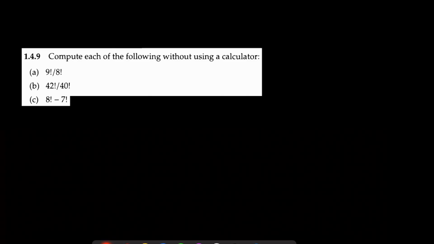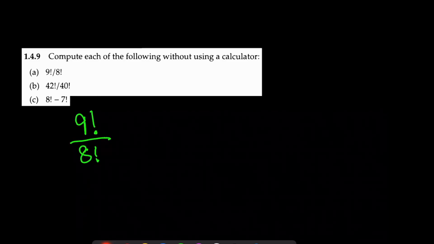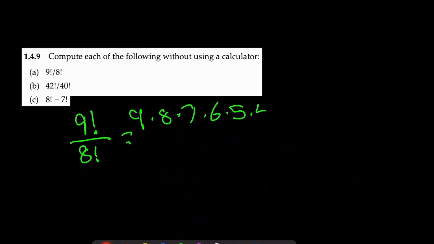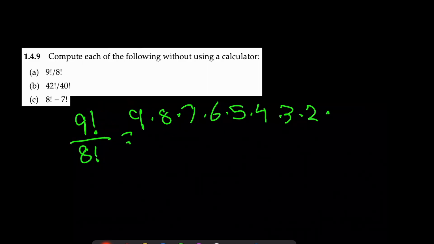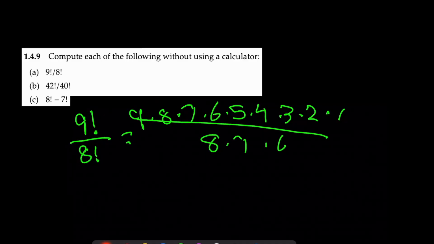So now let's try to get used to factorials. Let's try computing each of the following to see if you understand it. 9 factorial over 8 factorial. This is equal to 9 times 8 times 7 times 6 times 5 times 4 times 3 times 2 times 1 over 8 times 7 times 6 times 5 times 4 times 3 times 2 times 1.